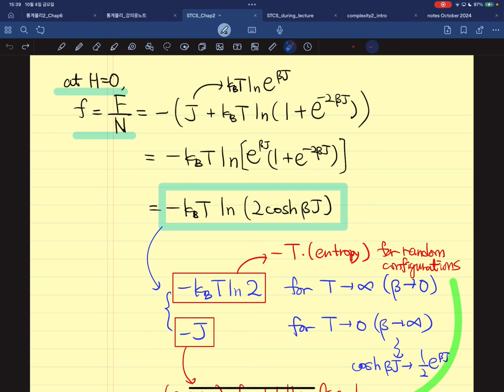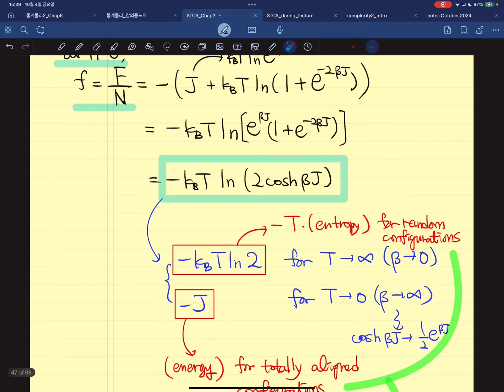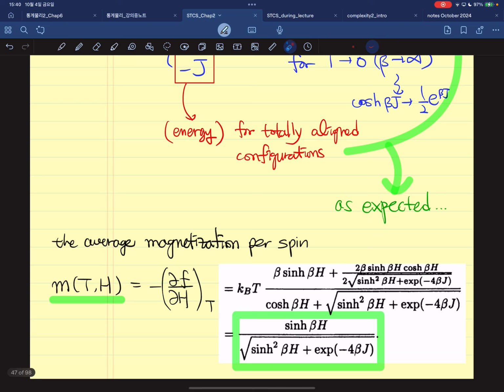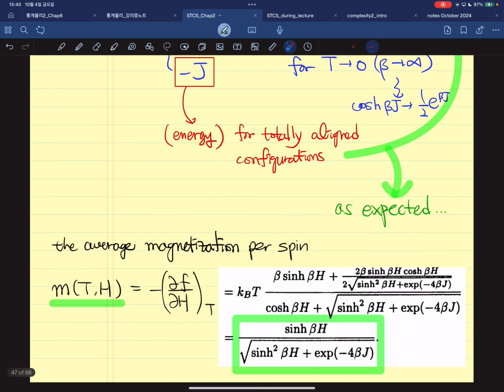So we have all this derivation for the free energy and average magnetization like this. But now we have an H term, so it's a little bit more complicated than before. We have both J and H terms now. But these are all just algebra.